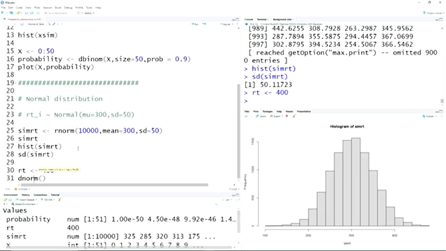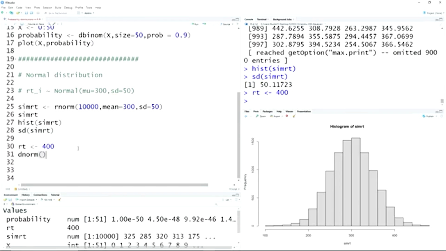So you can use the dnorm function. D stands for density. So this is the function that calculates the probability density of a particular value of a random variable being generated from a normal distribution. So x is RT, or you can just write 400.